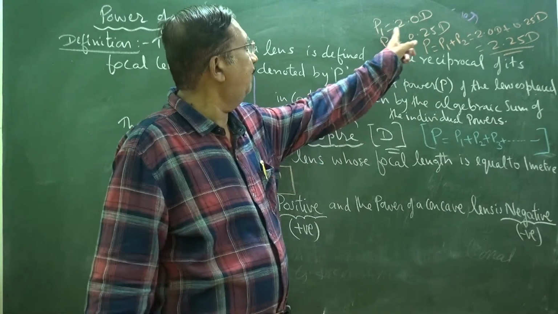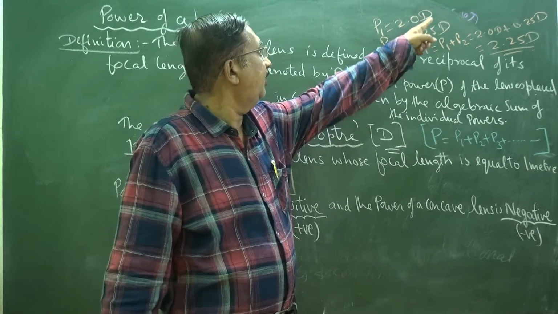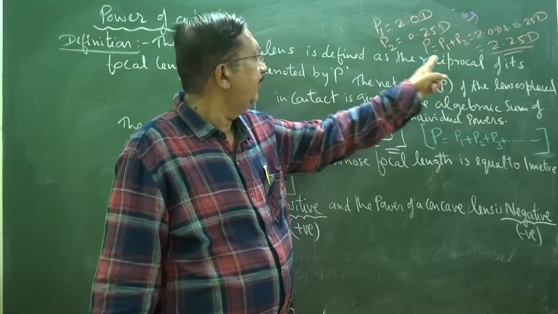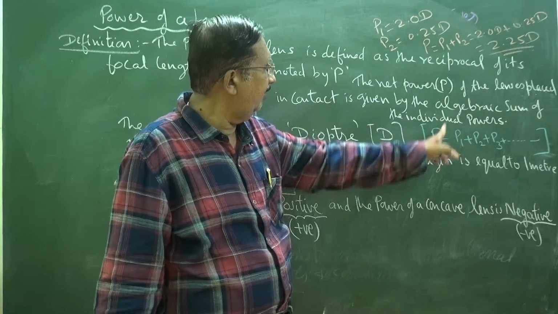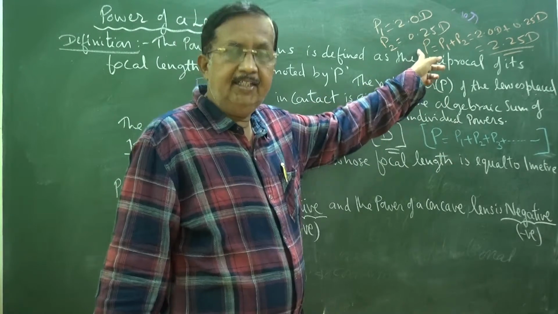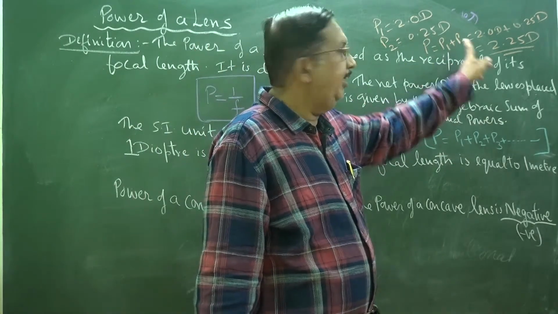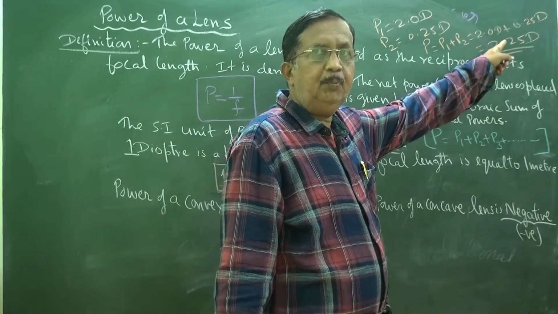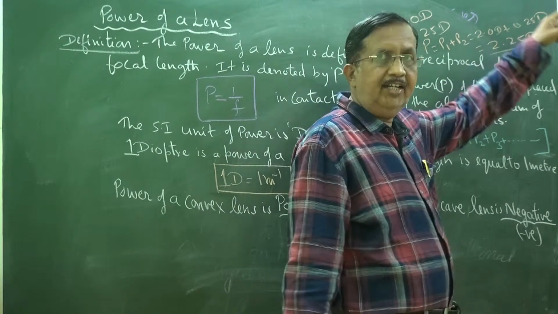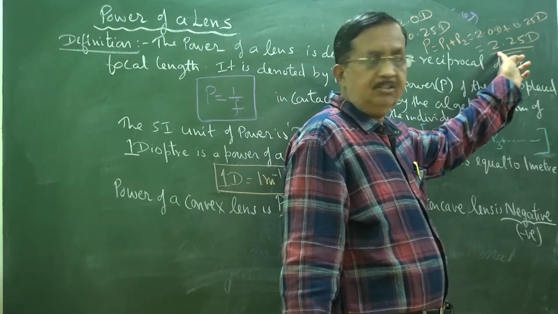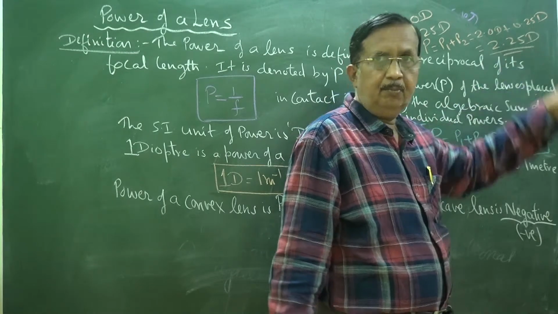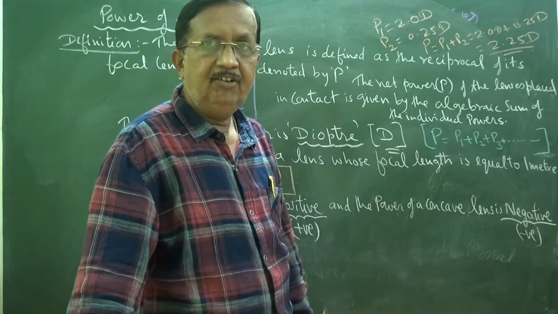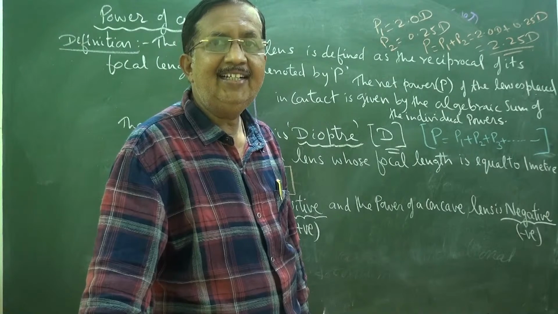So the net power, with P1 equal to 2.0 diopter and P2 equal to 0.25 diopter, is given by the algebraic sum of individual powers, which is simple addition, 2.25 diopter. After understanding this much about the power of a lens, we will solve some of the in-text questions.